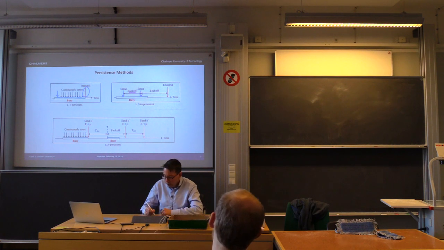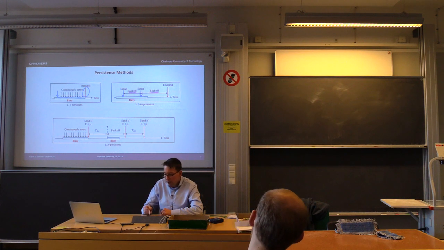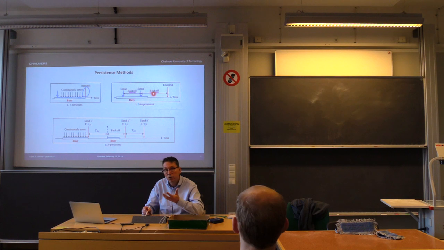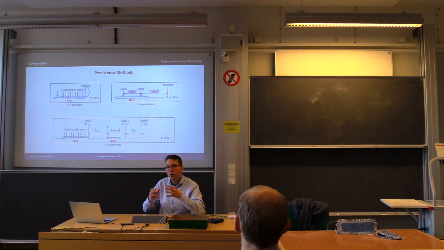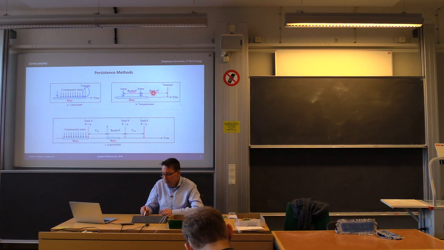It's still busy, and then we wait another back-off time. And you see here that the back-off time is random, so it's different from time to time. It's not a fixed amount of time, it's randomized. Every time we go into back-off, we wait a random amount of time. And in this case, after the back-off, the channel is idle, and then we transmit.